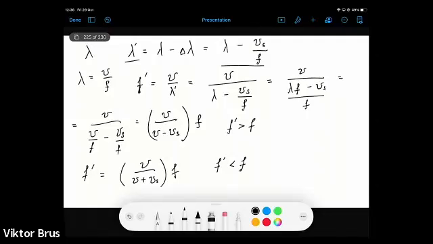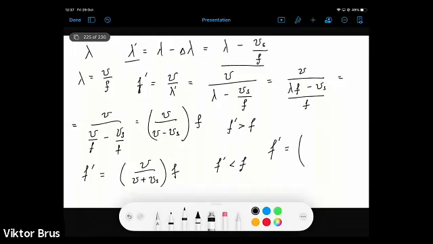Now, if we combine both options, when the observer and the source of sound are mobile, we can write that the frequency which the observer will hear, the apparent frequency, will be defined by the following equation.